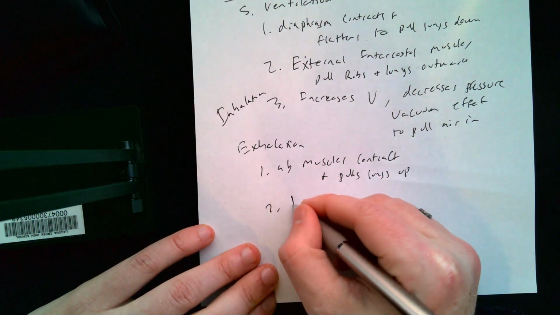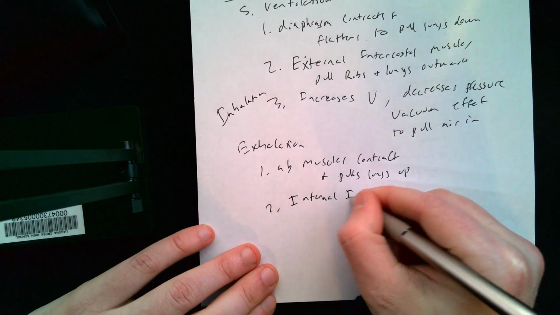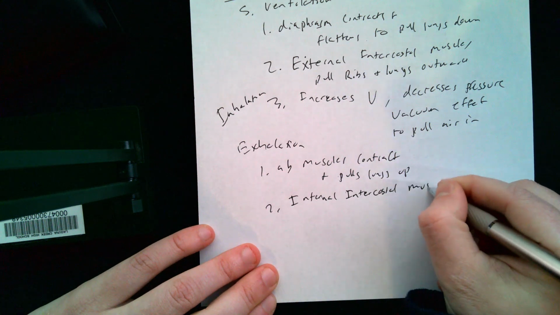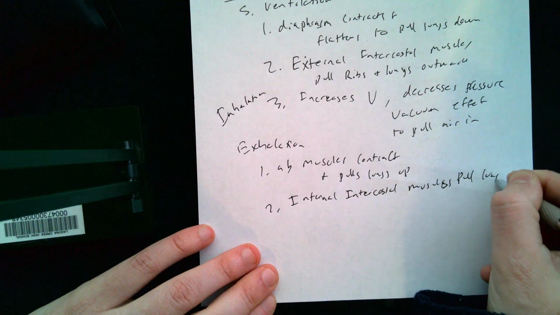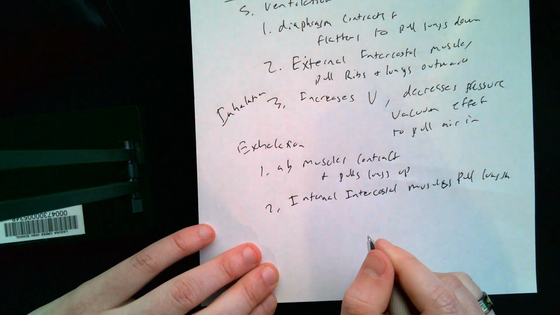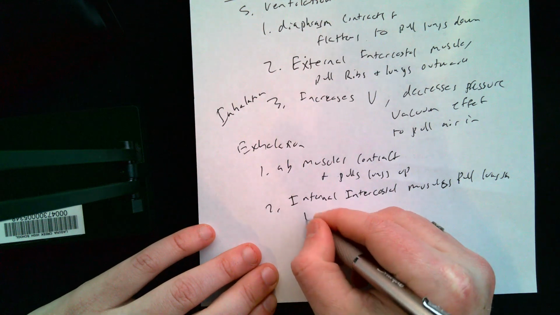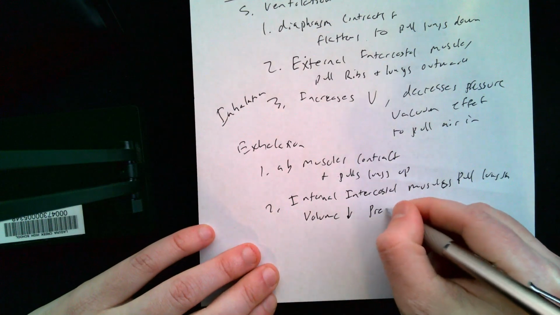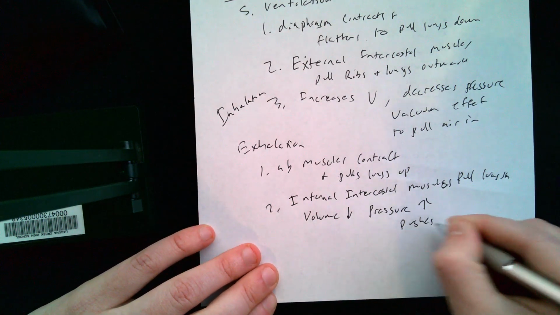Then the internal intercostal muscles pull the lungs in, which causes the volume to decrease, which causes the pressure to go up again, which pushes air out.